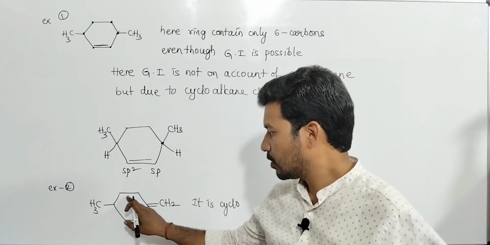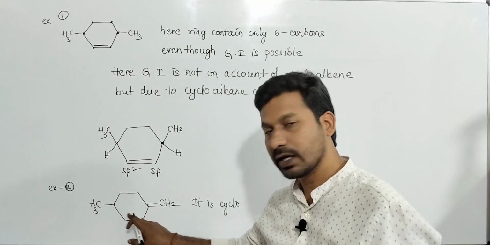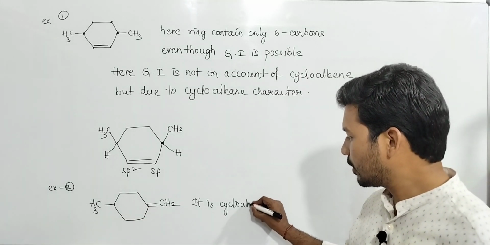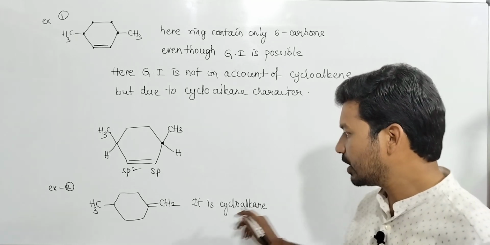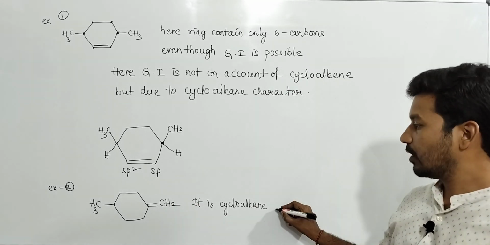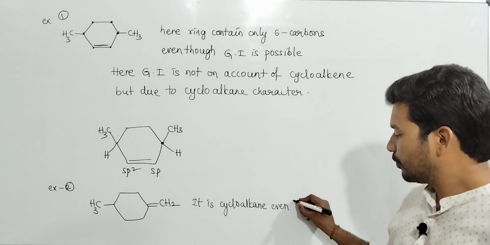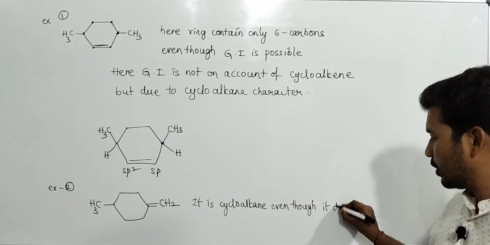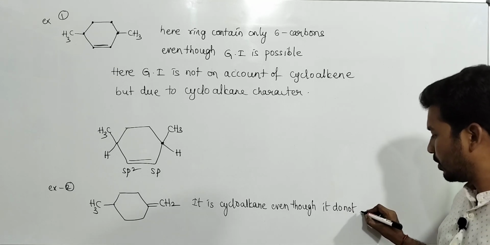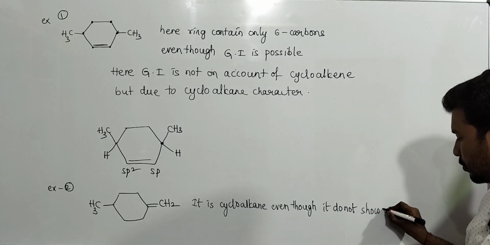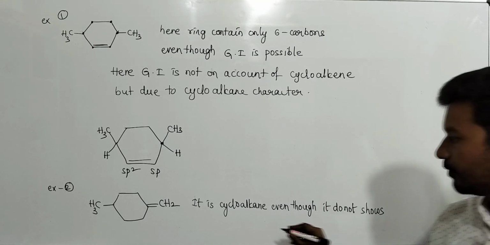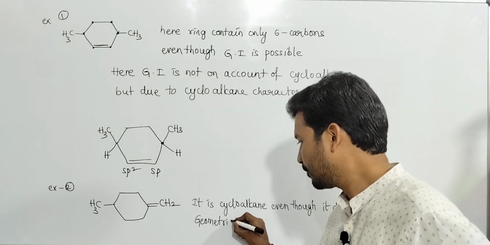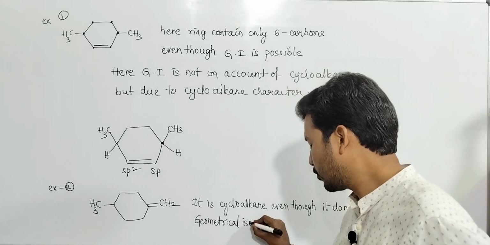Double bonds are not present. All are single bonds, 6 carbon atoms connected by single bonds. So it is a cycloalkane. The substituent is a methylidene group. Even though it is a cycloalkane, it does not show geometrical isomerism.